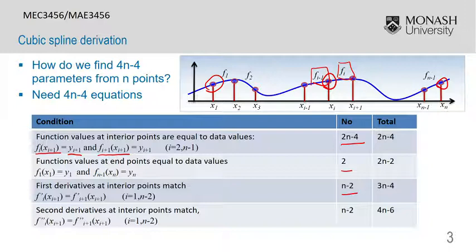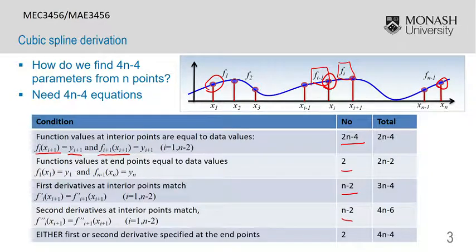We also need to match the second derivatives at the interior points, so that the second derivative of the left-hand spline at xi plus 1 has got to be equal to the second derivative of the right-hand spline at xi plus 1, so that gives us another n minus 2 conditions. We're almost at 4n minus 4. We need 2 more conditions. Either the first derivative is specified at the endpoints, or the second derivative is specified at the endpoints.